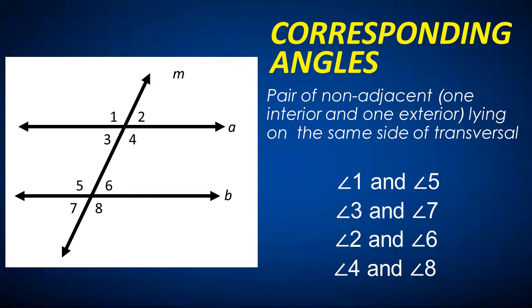So again, corresponding angle is a pair of non-adjacent. One must be interior, one must be exterior, lying on the same side of transversal. So, hindi magkatabi, isang interior, isang exterior, na nasa iisang side ng transversal. So, those are the conditions para matawag natin siyang corresponding angles.